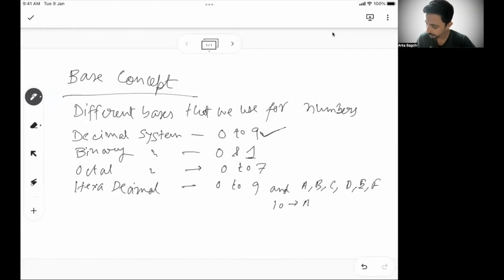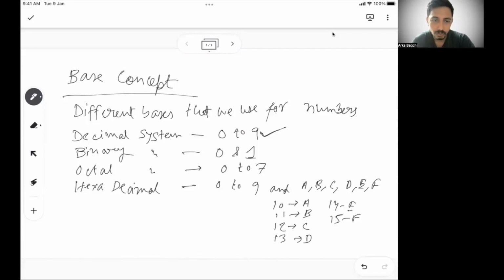Then 10 is normally denoted as A, 11 as B, 12 as C, 13 as D, 14 as E, and 15 as F. So these are the 16 elements, 0 to 15, 16 elements. That's why it's called a hexadecimal. Sometimes you can think of duodecimal, which is 0 to 9 and then A and B. It depends on how many elements it has. If it has more than 10 elements, then after 9 it starts with the alphabets A, B, C, D, E, F, depending on how many you have. If you have 11 elements, then 0 to 9 and then A for 10. That's how we write it.